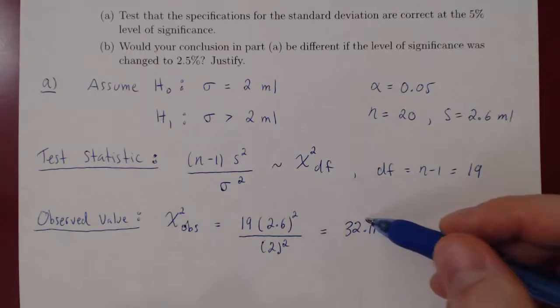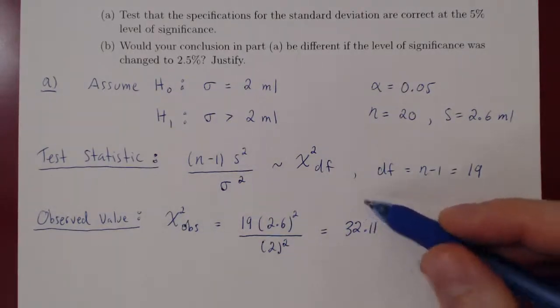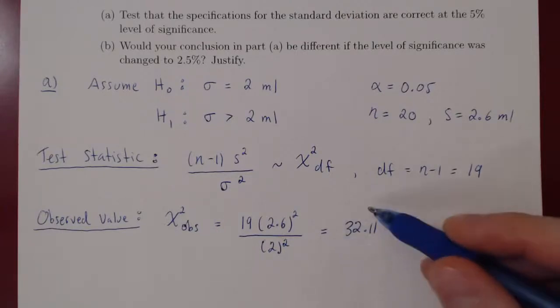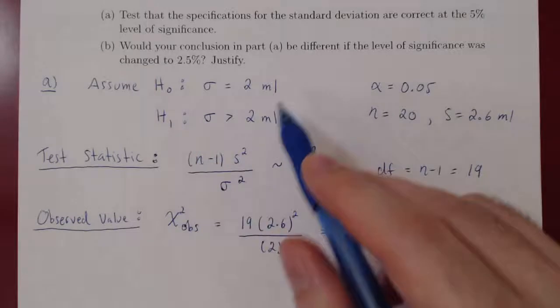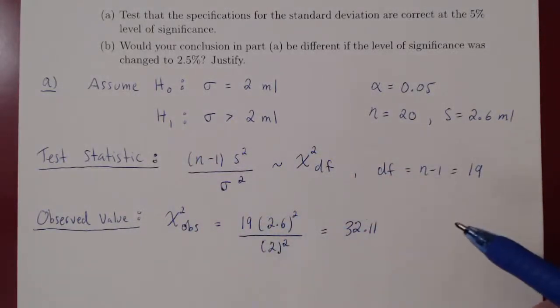Now, the question, and this is the same question in every test of a hypothesis, is: what is the likelihood of us observing this value of an observed statistic under the assumption of the null hypothesis? As I said in the beginning of this video, there are two equivalent approaches: the p-value approach and the rejection region approach.